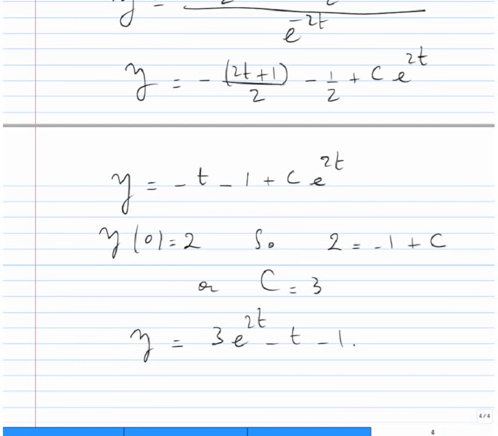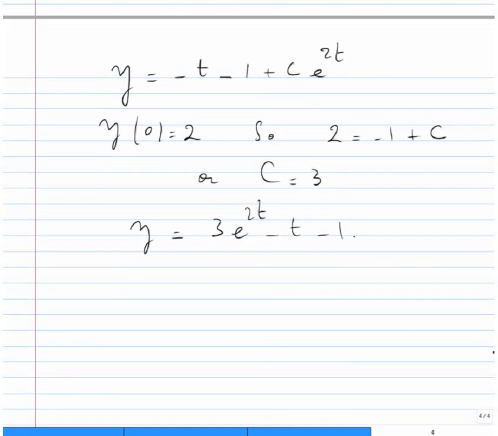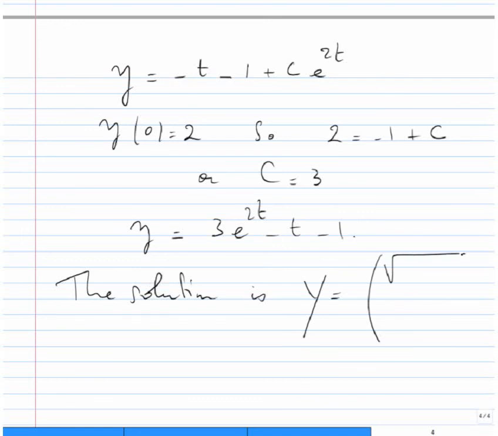Great. So the solution we are looking for to the system is x equals the square root of 2t plus 1 and y equals 3e^(2t) minus t minus 1.